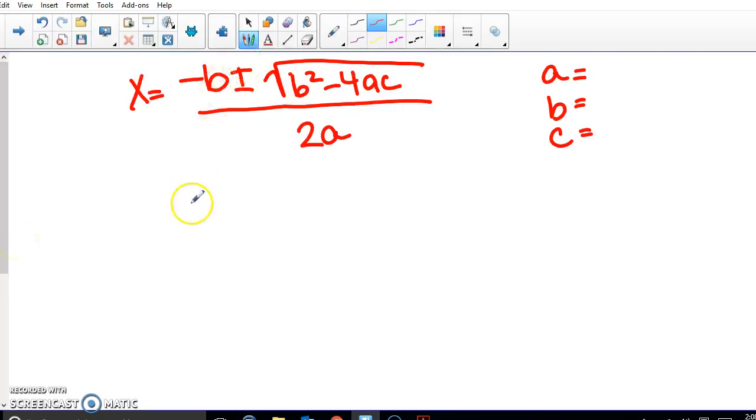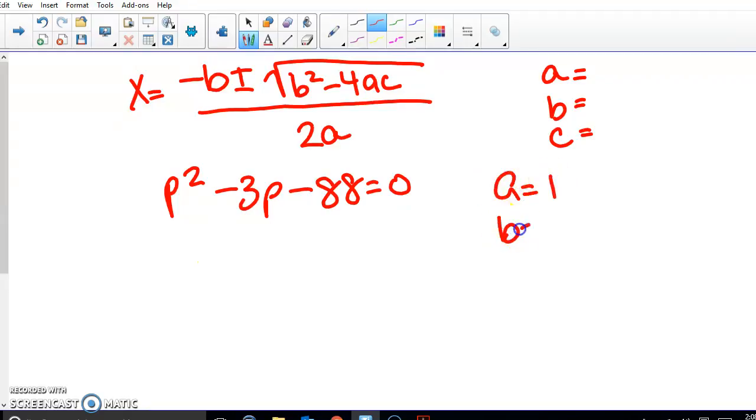So we can look at p squared minus 3p minus 88 equals 0. So our a equals 1, b equals negative 3, and c equals negative 88.